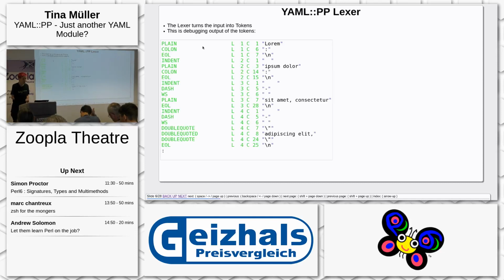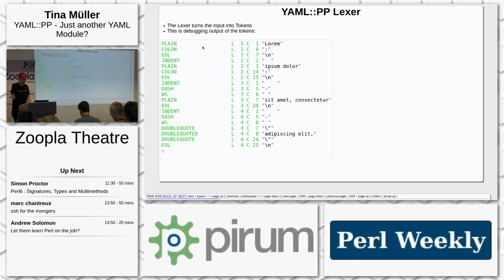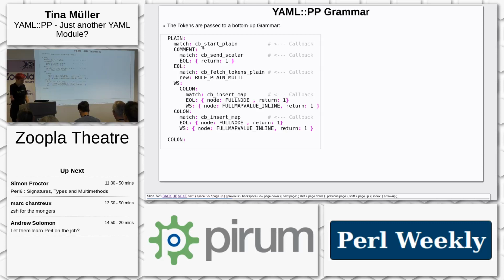So how does it work? It has a lexer, and the lexer turns the input into tokens. And this is how the debugging output looks like. So we have all these different tokens, and at this point there's no structure involved or anything, just plain tokens, and I don't know where a mapping starts or a sequence starts. And then there's the grammar.